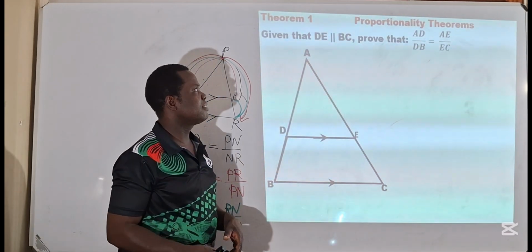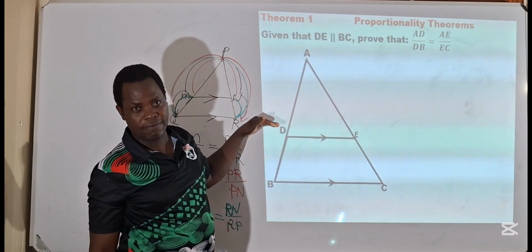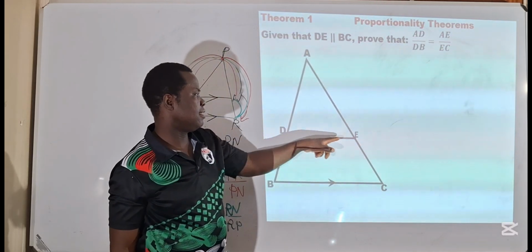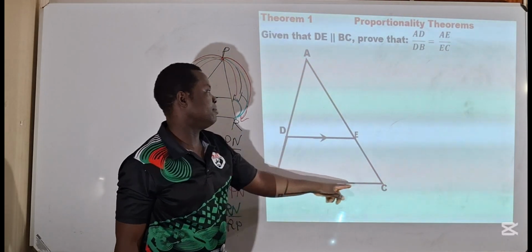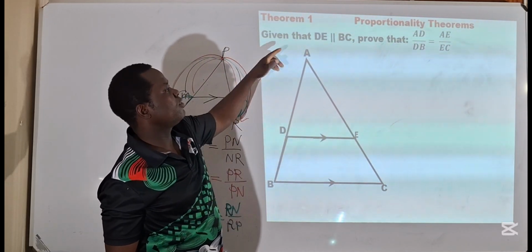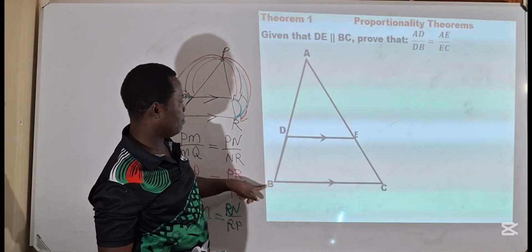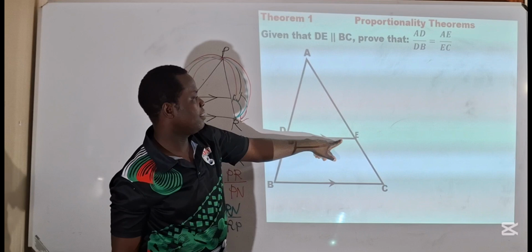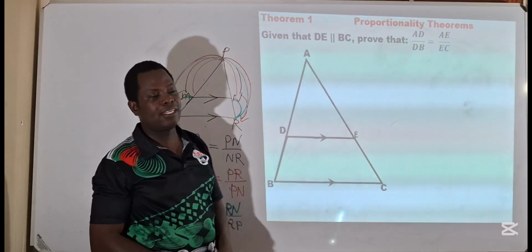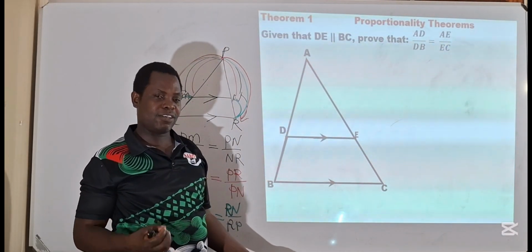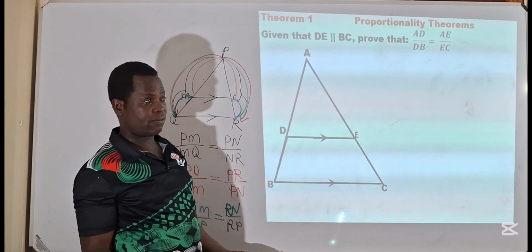So in this case, we are given that the line DE is parallel to line BC, and we want to show that the side AD divided by DB is equal to AE divided by EC. That is given information versus what you want to prove.